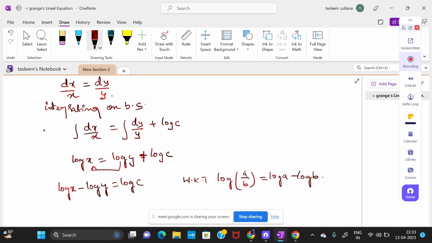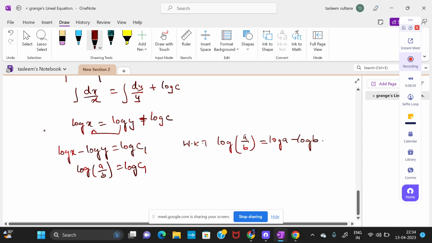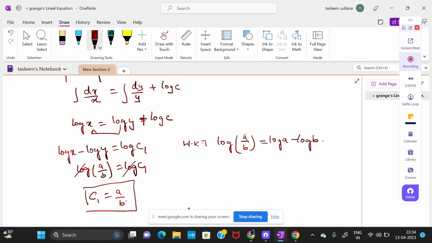So this term we can write as log of x by y is equal to log c1. This is the first solution, because we have to consider one more. Now the log and log get cancelled, so c1 is equal to x by y.